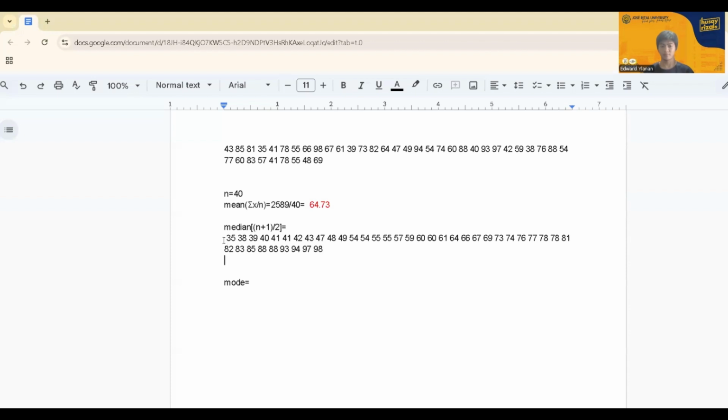Second, use this formula: 40 plus 1 over 2. 41 over 2 is equal to 20.5. So our median is in the 20.5 value.